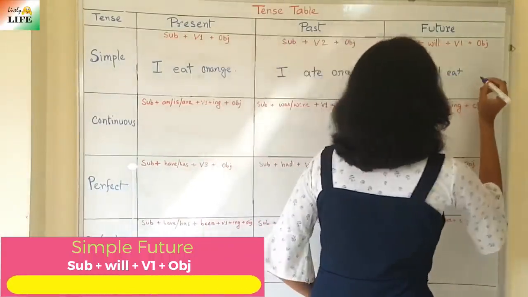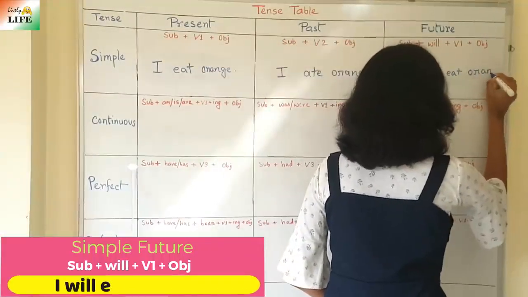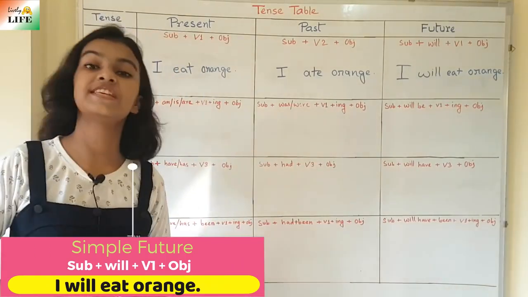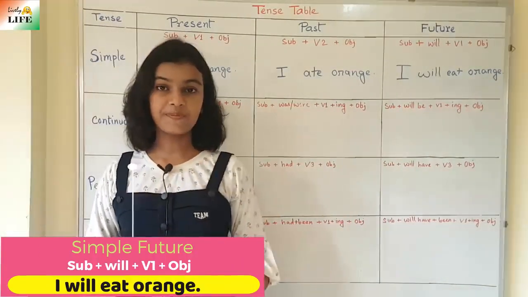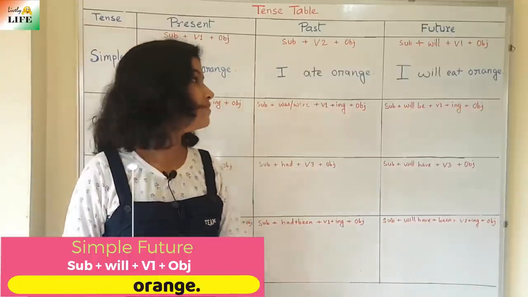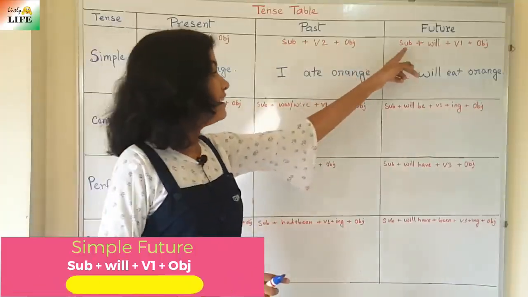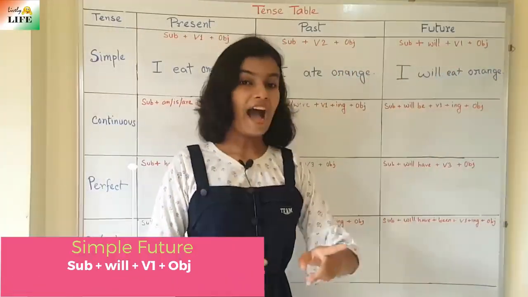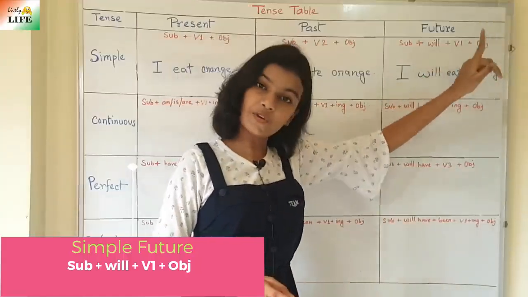Then object orange. So this sentence is in simple future tense. Now some other examples. I will play football. And then I will go to school.